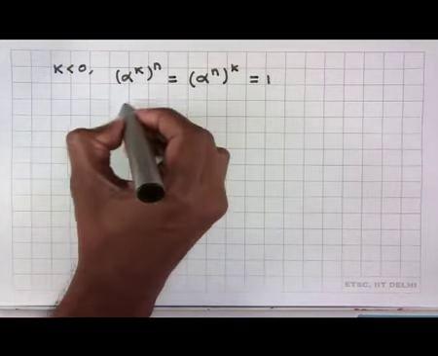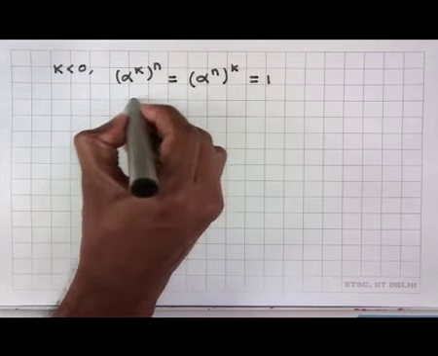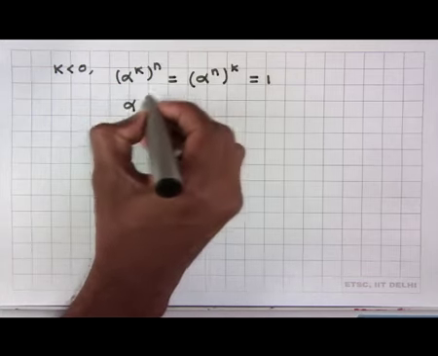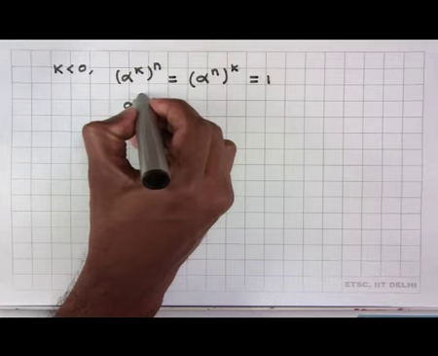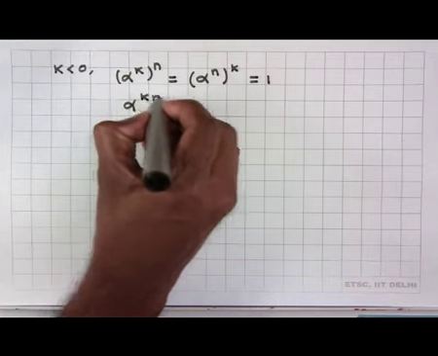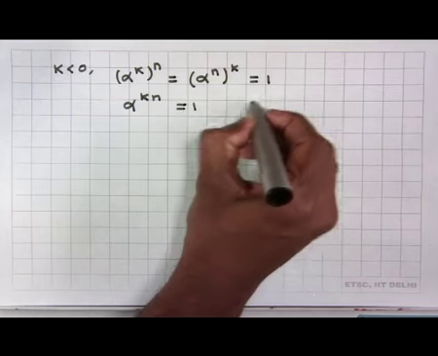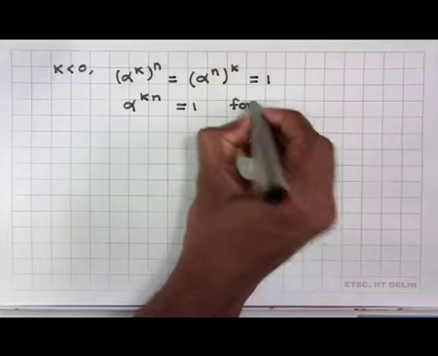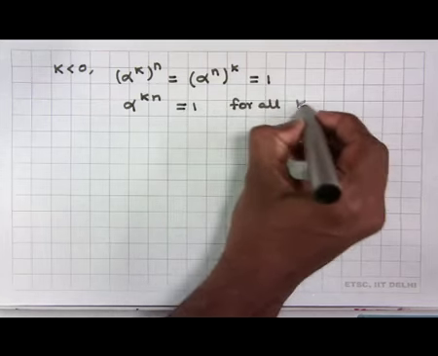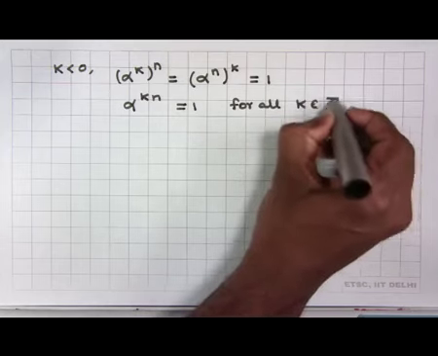So, summarizing, the rule is, if we consider alpha power multiples of n, that is k n, this is 1 for all k belongs to integers.